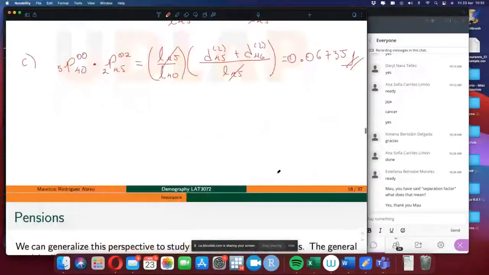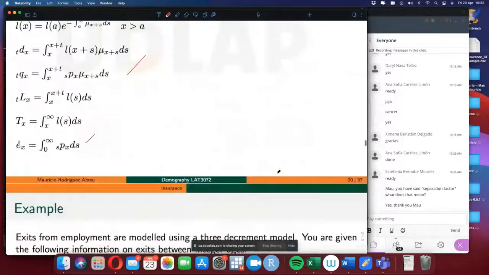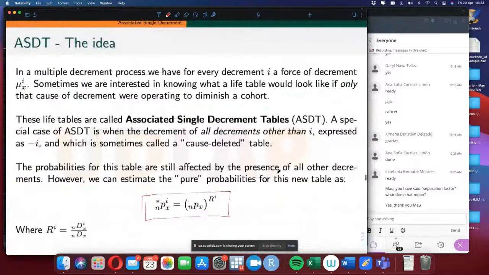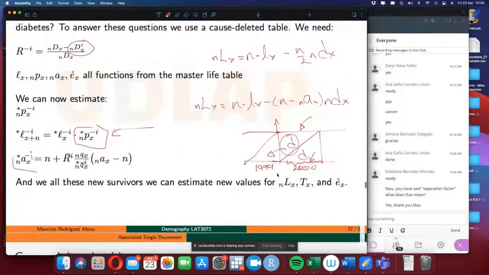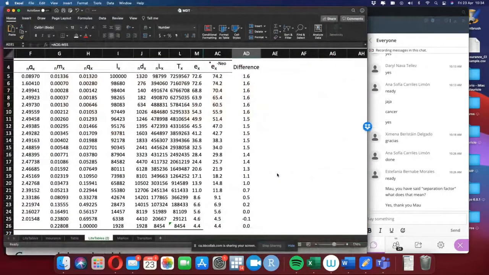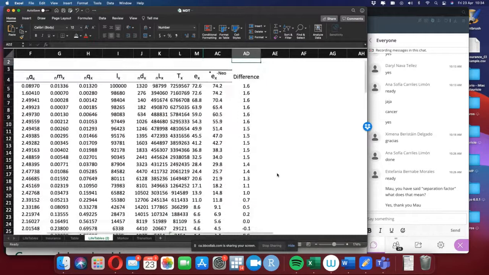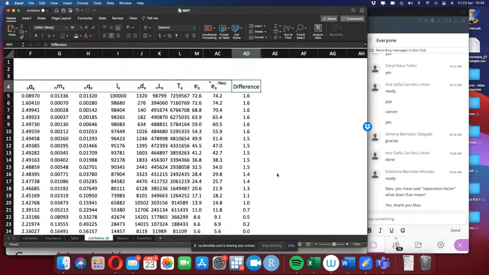Sorry, it's weird the way that it's moving. Okay, so it doesn't matter, but again, we can change the cause of death that we selected here for this example.